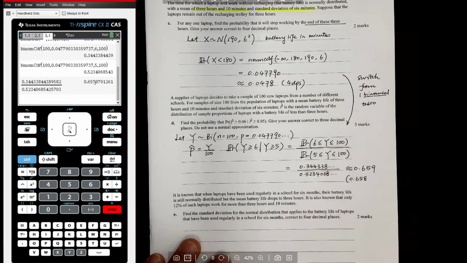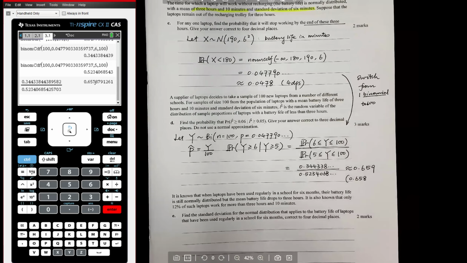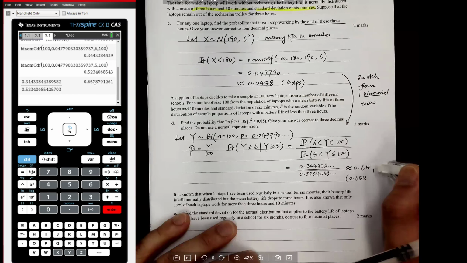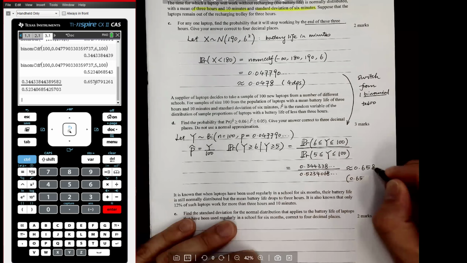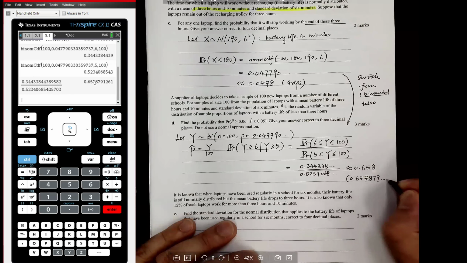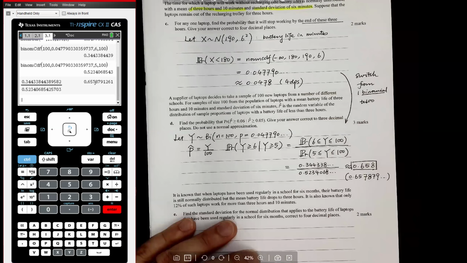Actually, this is an 8. I'll fix that. I shouldn't use my whiteout. This is an 8 here: 0.65878, 7, 9, etc. So that is the final answer, correct to 3 decimal places.